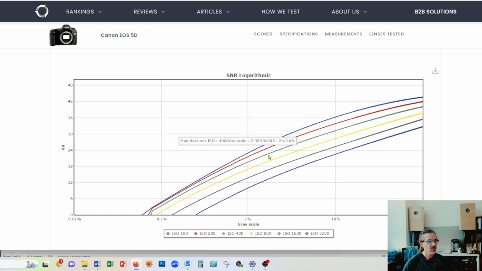So anything between maybe 2% and 95% is what is contained in 95% of the photos we take, or even more than 95% of the photographs ever taken.